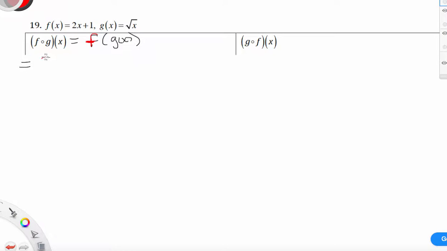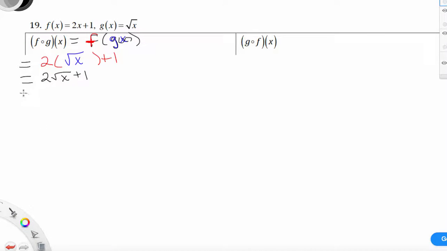So my f of x function is 2x plus 1. And my g of x function, which is going to go in for all the x's of f, is the square root of x. And when I write that and clean it up, I can just write it as 2 square root of x plus 1.